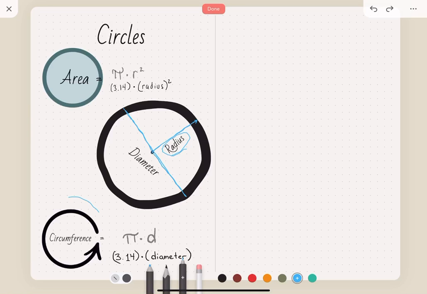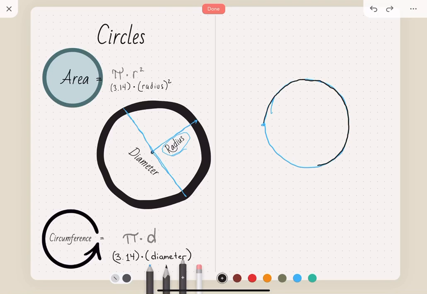You guys may already know that circumference is basically just the distance around a circle. So if we have a circle, the circumference is going to be from here, and then we just go all the way around.